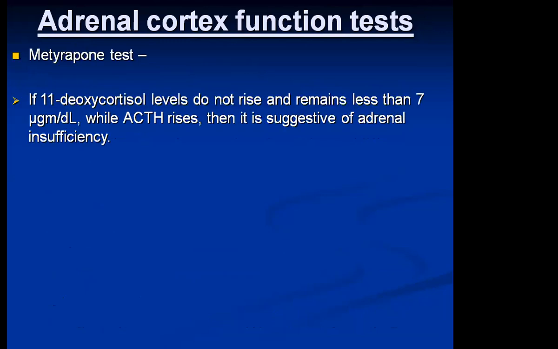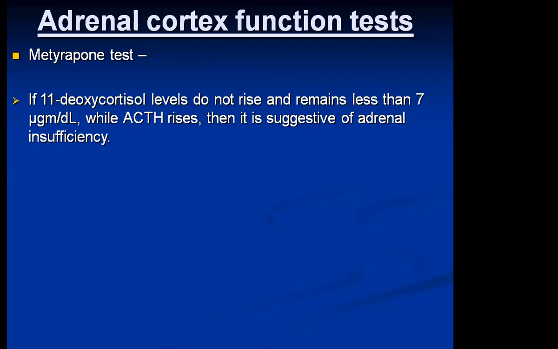Now, how to interpret further? If 11-deoxycortisol levels do not rise and remain less than 7 micrograms per deciliter while ACTH is increasing, that means the 11-deoxycortisol, one of the precursors of cortisol formation, does not increase. Who is at fault?